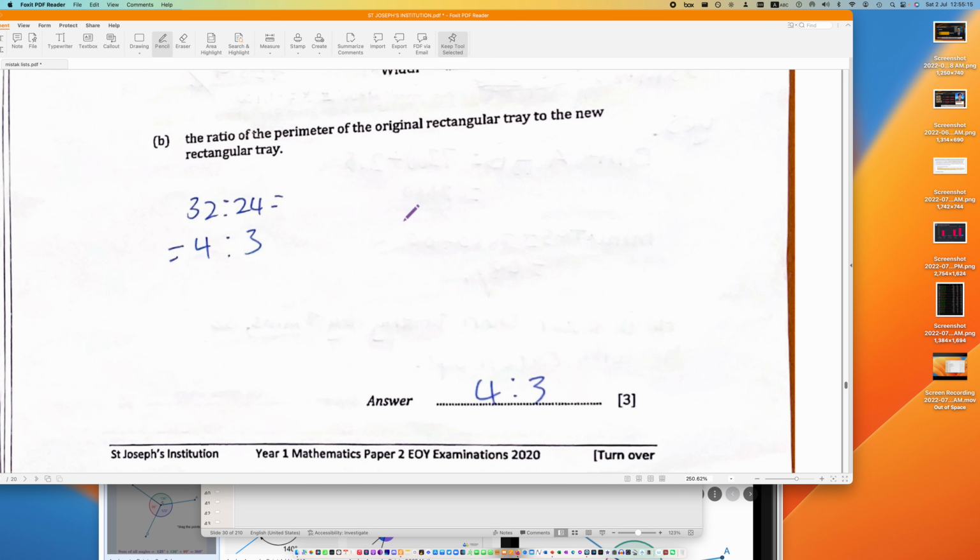So what is wrong? Of course it's wrong. 32 is not the perimeter. 24 is also not the perimeter. They ask for perimeter. Can you give me the perimeter of the original one and then the perimeter of the new one? By the way, it's 3 marks, you only show me one step.